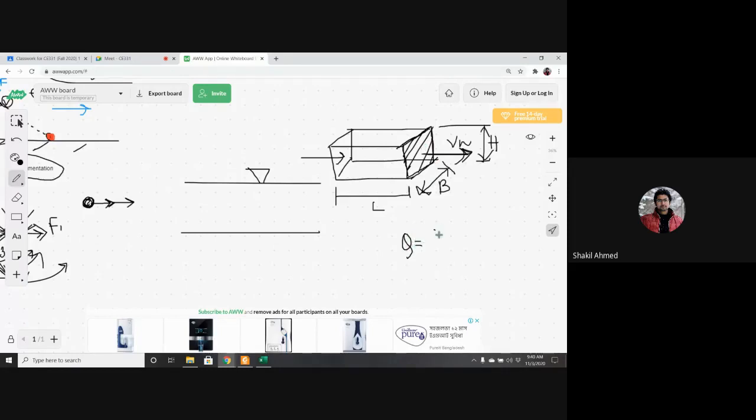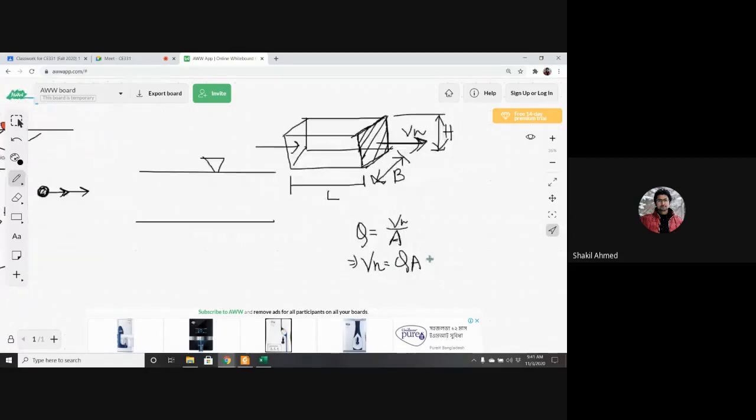What is Vh? Remember, Q equals V times A, where A is the cross-sectional area.